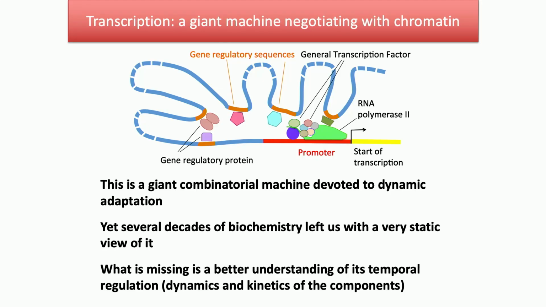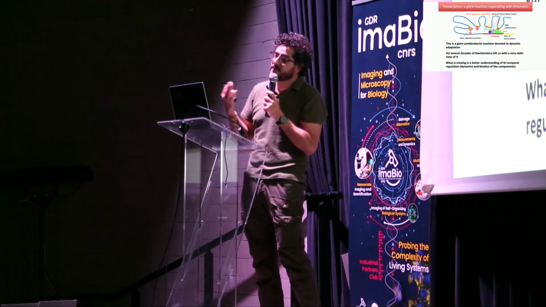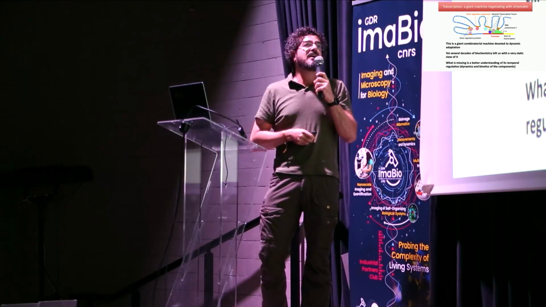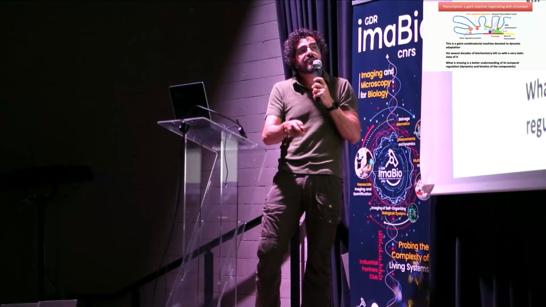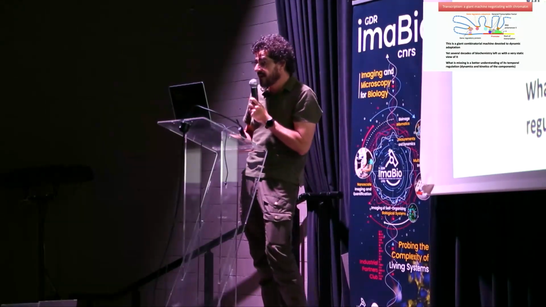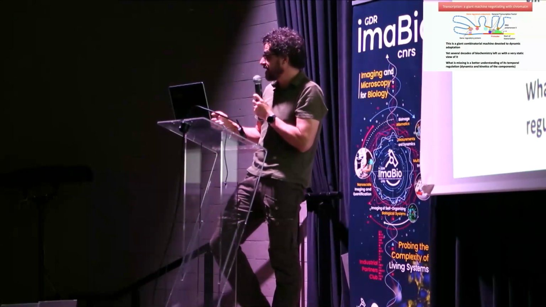You need to do the right thing at the right time. We know biochemically most of the players, but we have a fairly static view of it. And what is missing is really an understanding of how dynamically this thing is regulated, right? But for me, it's a playground to study regulation and to study a very complex machine using microscopes, which is kind of fun.